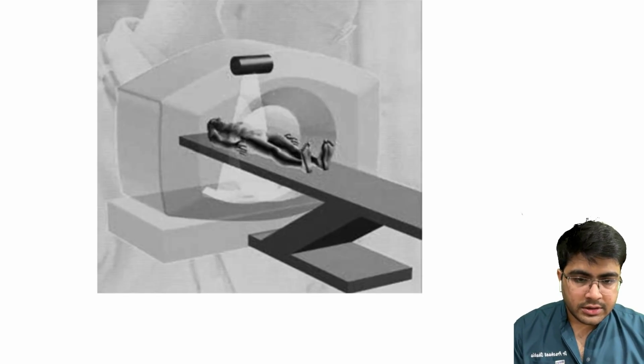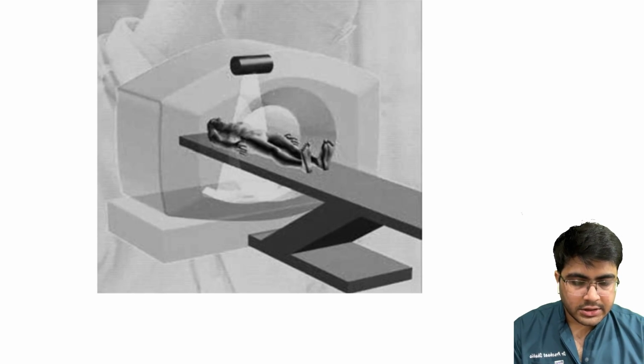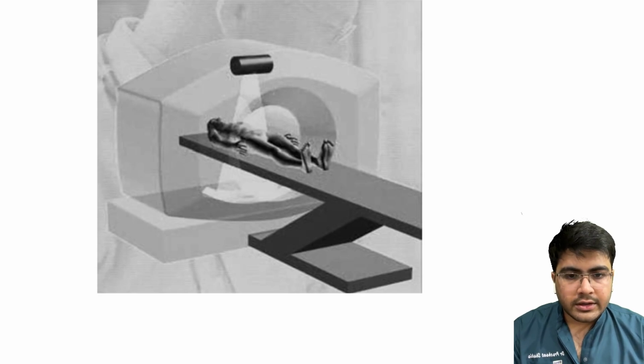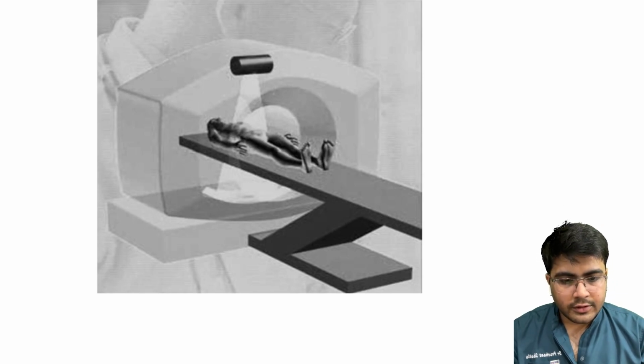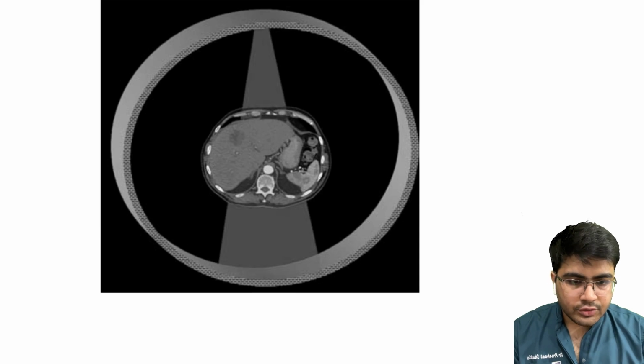So now coming to the CT scan. This is how the basic CT scan machine looks. We have the X-ray source on one side, the patient, and then the detectors, which revolve with the X-ray source along the longitudinal axis of the patient, and this is how we digitally reconstruct the images in various sections of the human body.